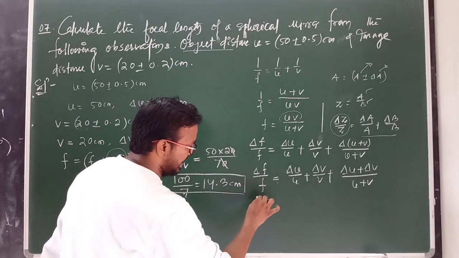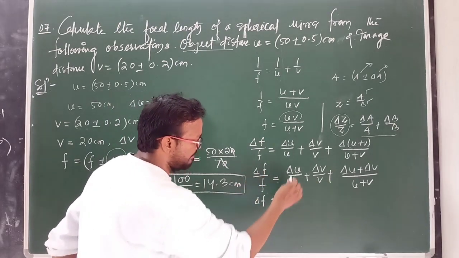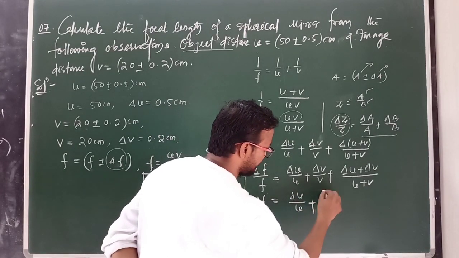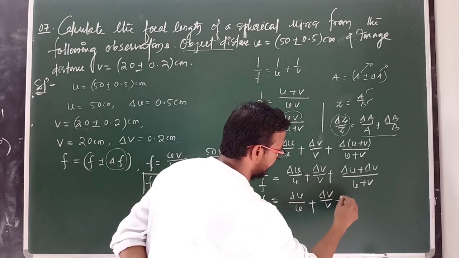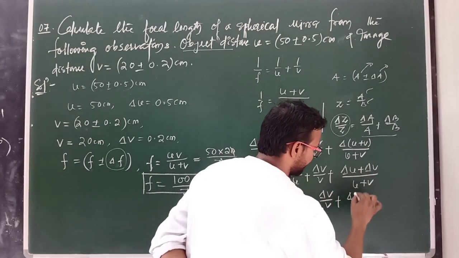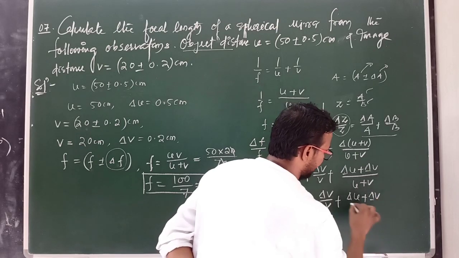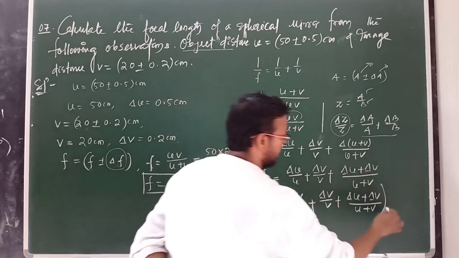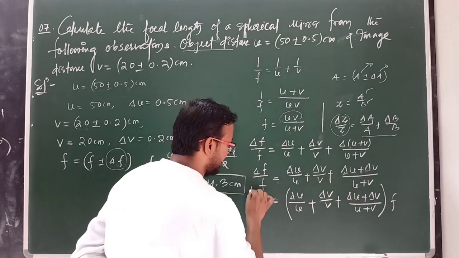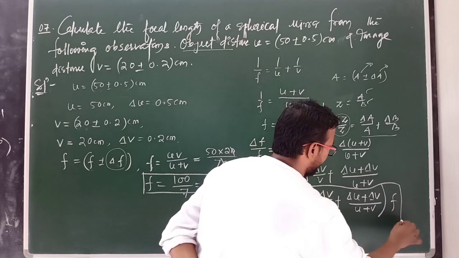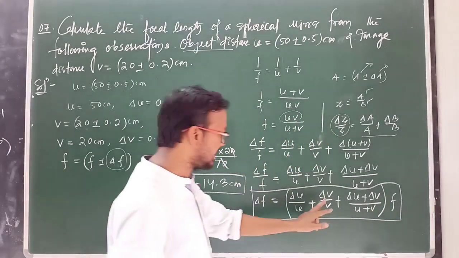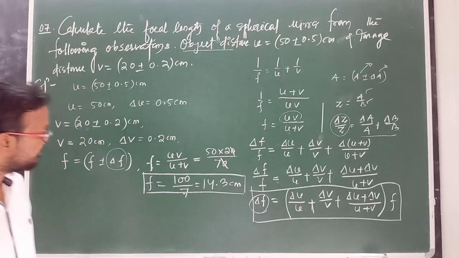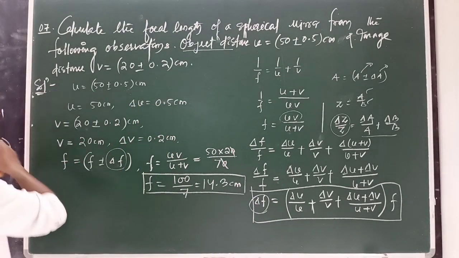So we can write delta f equal to delta u divided by u plus delta v divided by v plus delta u plus delta v divided by u plus v, into f. So by using the values of u, v, f, delta u and delta v in this equation, we can find the maximum possible error in f. Clear?